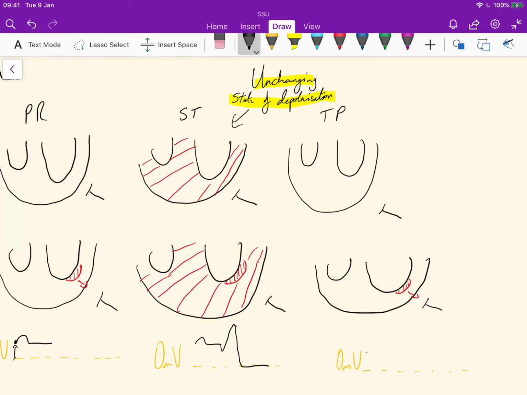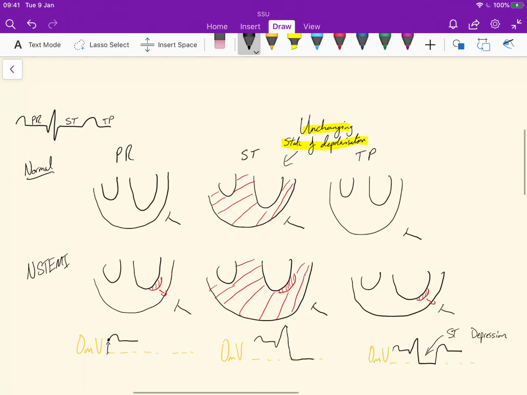So when that wave of repolarization moves through the heart, we get our normal T wave, and then it returns back to that raised baseline caused by the depolarizing ischemic area here. And that is why you get ST depression with an NSTEMI.